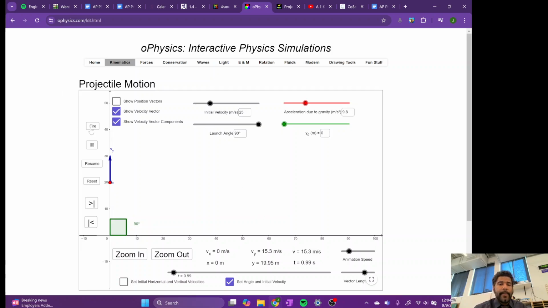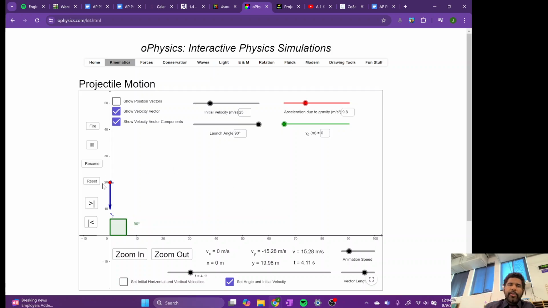I'm going to let it go, and it's going to come back down to the 20. Yeah, there we go. 15.3. Negative 15.3 meters per second. It's the same on the way up as it is on the way down.